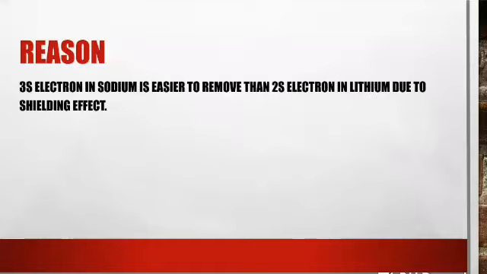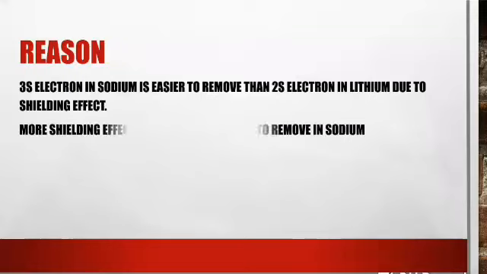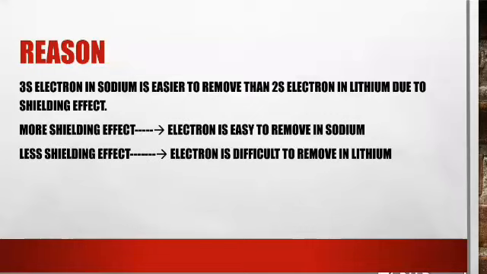By the electronic configuration, lithium has 1 electron in the s subshell of the second shell and sodium also has 1 electron in the s subshell of the third shell. The 3s electron in sodium is easier to remove than the 2s electron in lithium due to the shielding effect.